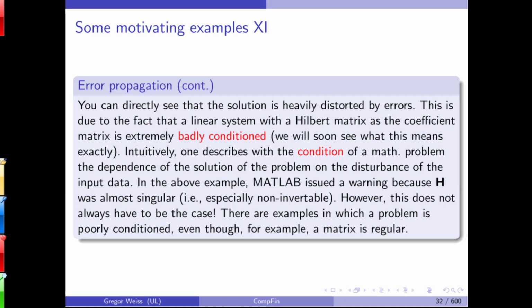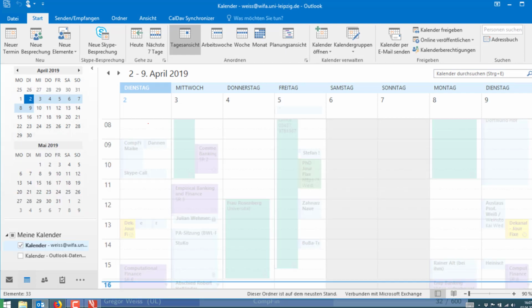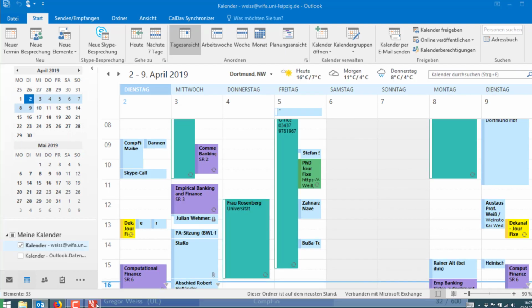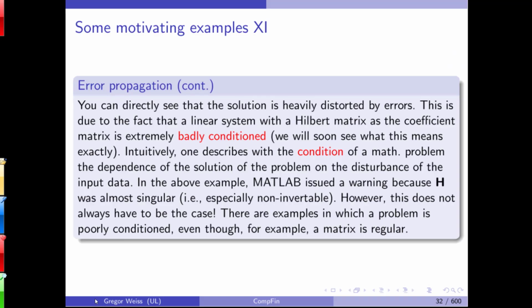It's what is called a badly conditioned problem. We'll later see what bad condition means. It more or less means that a slight error in the input data will be propagated and scaled up to an even larger error in the output data, in the result. And this is what happens here.